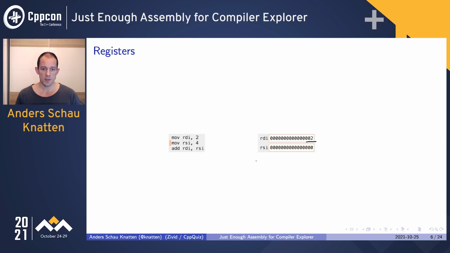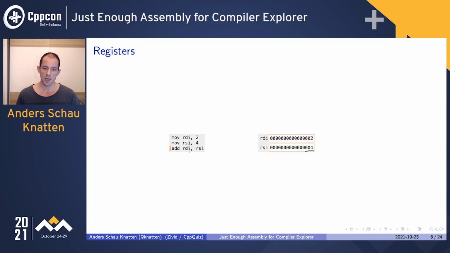The next instruction is move RSI, 4, and you can guess that this is going to put the value 4 into the register RSI. So let's execute it, and we see we got the value 4 in that register. The third instruction here is a new one, it's add. And add does actually add, no surprise. The only quirk is that in our high-level languages we're used to going auto result equals A plus B. In assembly, there is no result involved.